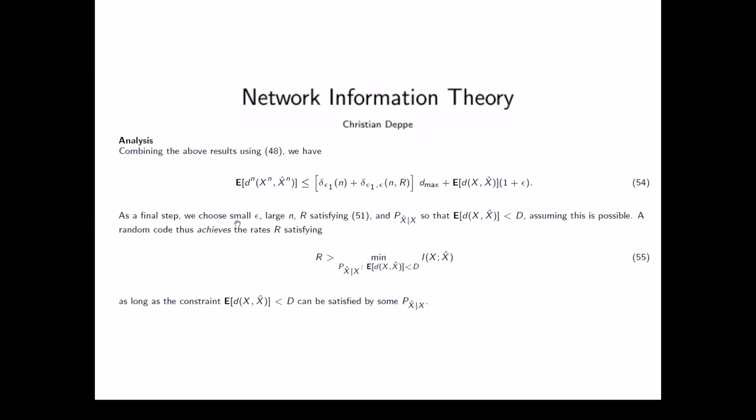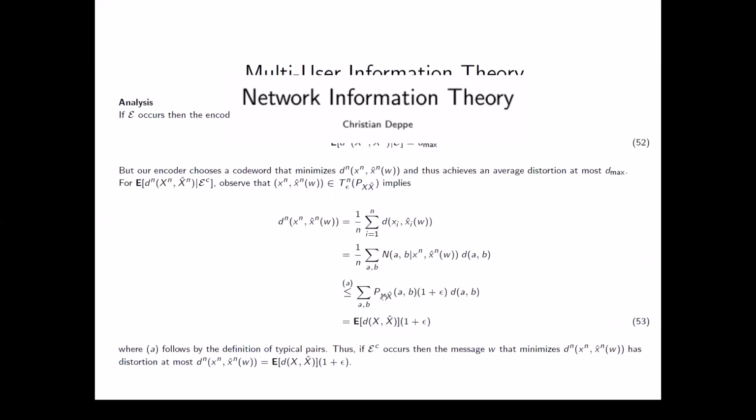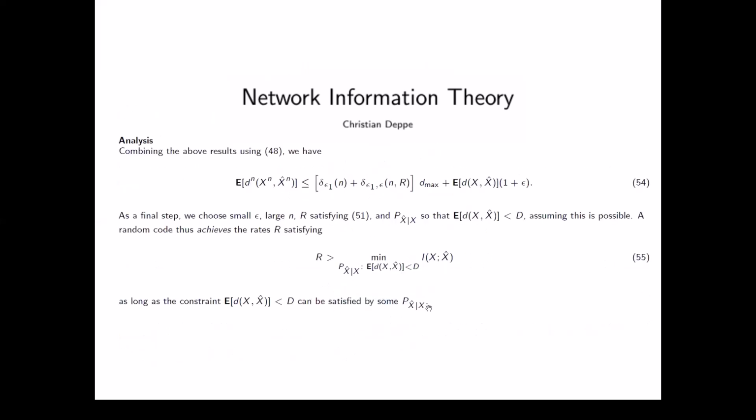That means if we now choose epsilon small, n large, and R satisfying this formula, then we can choose any artificial channel such that the expected value of the distortion between x and x hat is smaller than d, and we assume that this is possible. Then we know that a random code achieves such a rate.